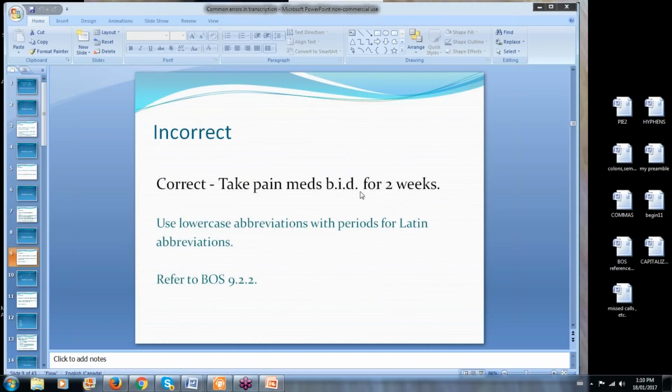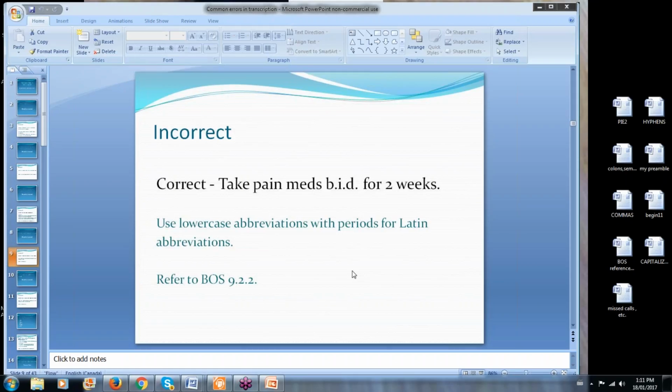Yes, that's what BID means, is twice a day, but you have to go by verbatim. If they say BID, then that's exactly how you type it. If they say twice a day, then that's how you type it, twice a day. No, Victoria, not an acceptable variation.